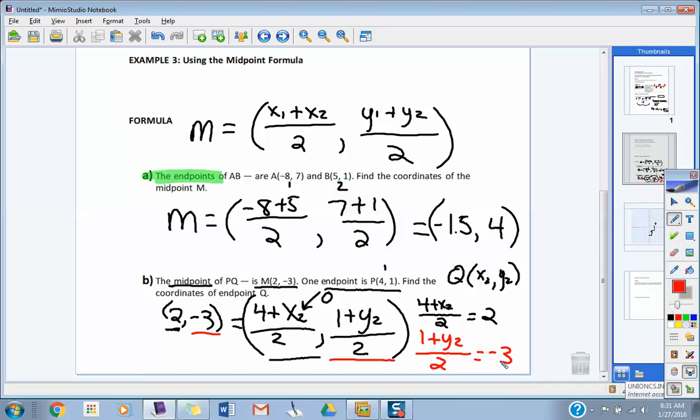And then subtract 1 more to get y2 alone. Negative 6 minus 1 more, where's that land you? Negative 7. So the y2 value is negative 7. Therefore, the coordinate Q that we're looking for is the point (0, negative 7).